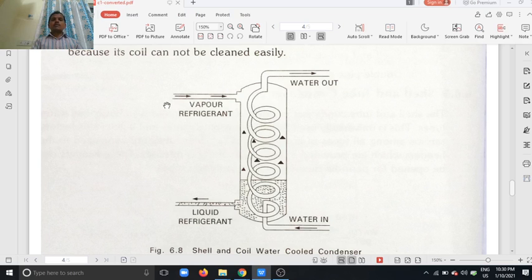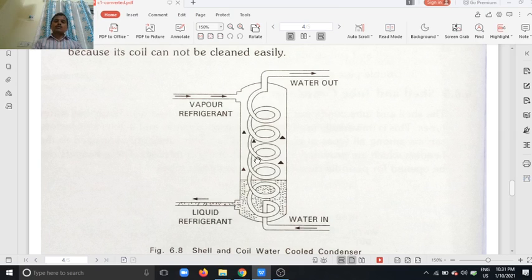The vapor refrigerant enters from the top of the shell. This vapor refrigerant touches the tube, in which the cooled water flows. Whenever the refrigerant touches these tubes, it rejects heat to the water.